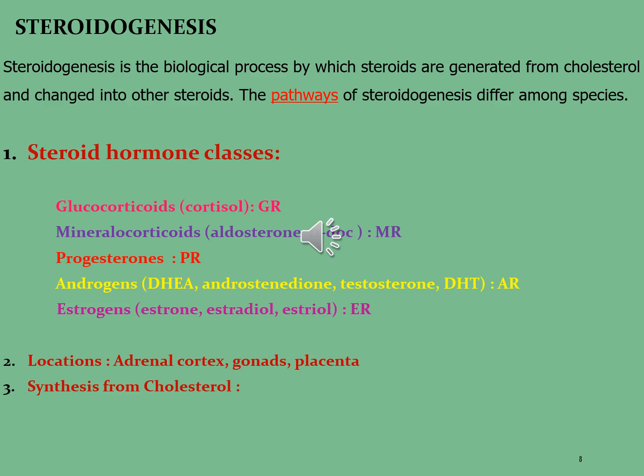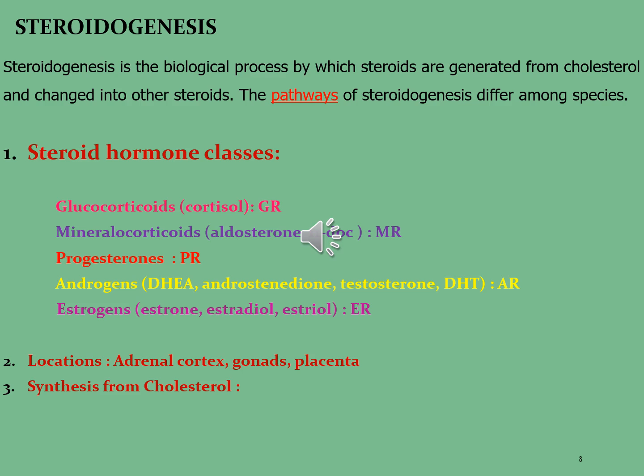Now mineralocorticoids, the main one is aldosterone, and the receptor is the mineralocorticoid receptor, but there are other hormones that can activate the mineralocorticoid receptors. Usually this is under pathophysiological conditions, and one example here is 11-deoxycorticosterone, which is a precursor in some of the steroid pathways.